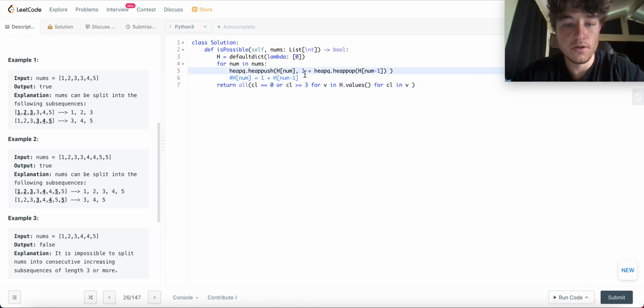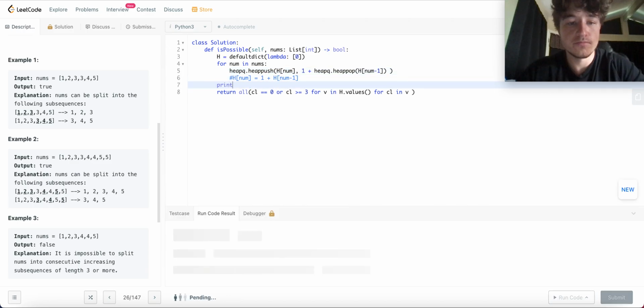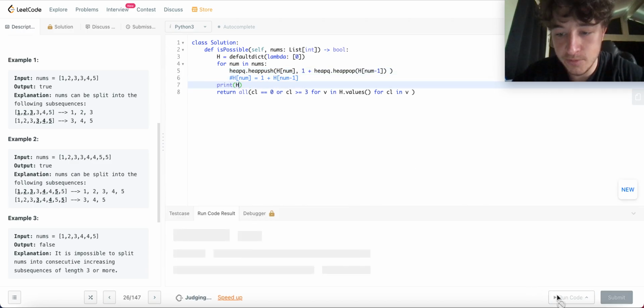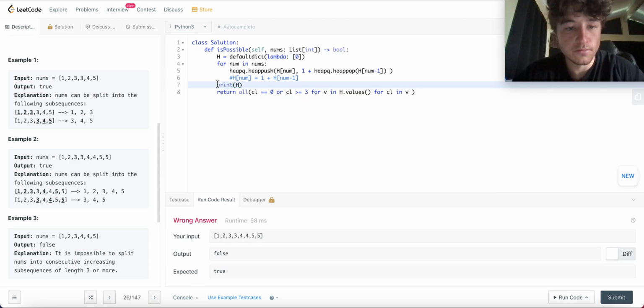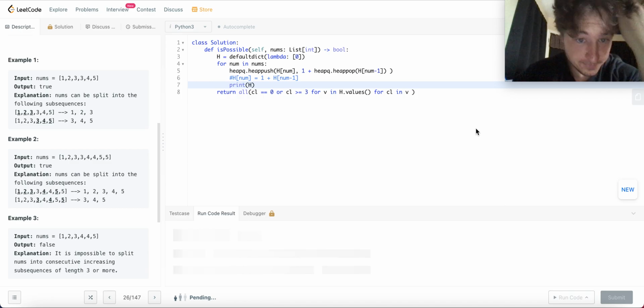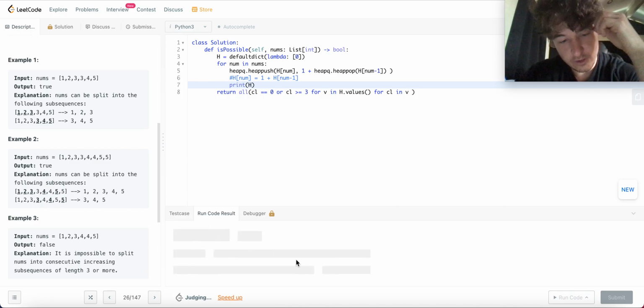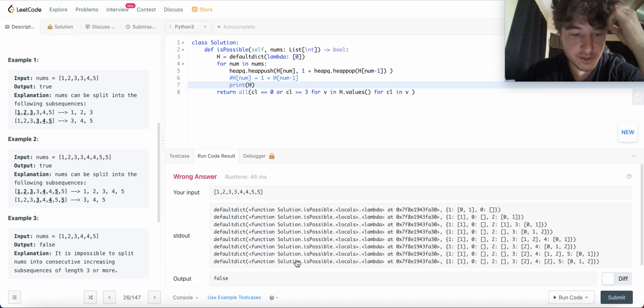Okay. So let's run that, and let's print H when this is done. So this is wrong, so that's good that we should probably print H just to see what's going on here. All right, so does this create the little situation that we want here?